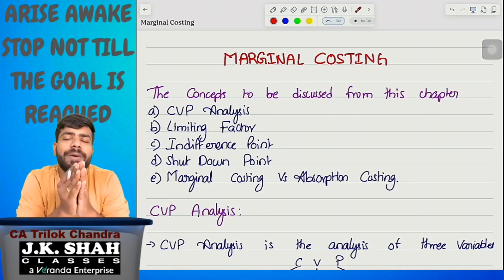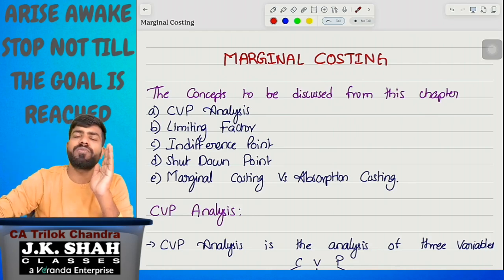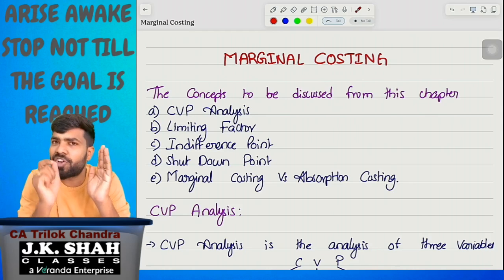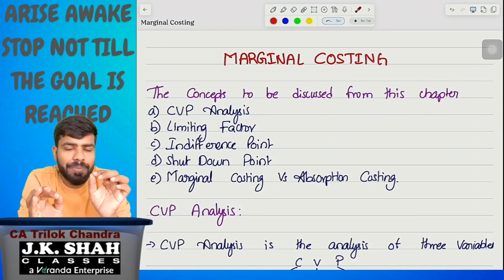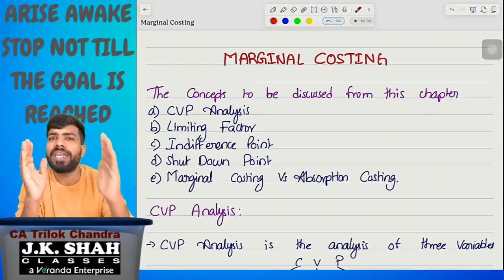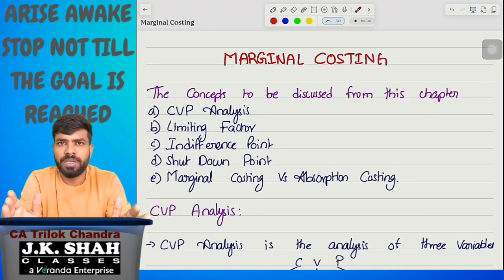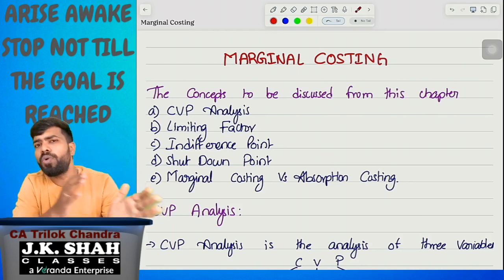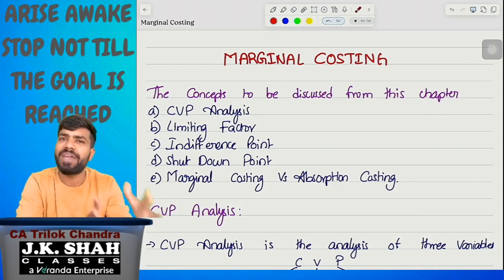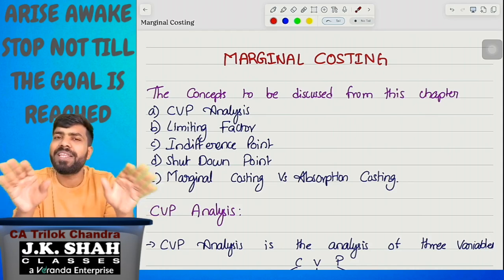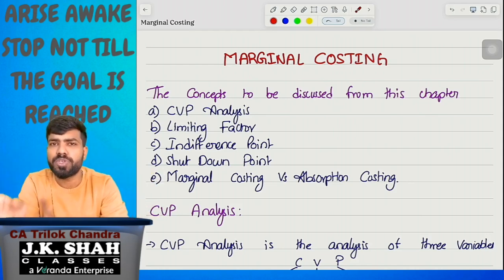Now when the purpose is decision making, as I already told you in the introduction, we are going to classify the cost into variable cost and fixed cost. That is the cost classification. Throughout this chapter, we are going to find only variable cost and fixed cost. We will never find the manufacturing, administration, selling, and distribution.